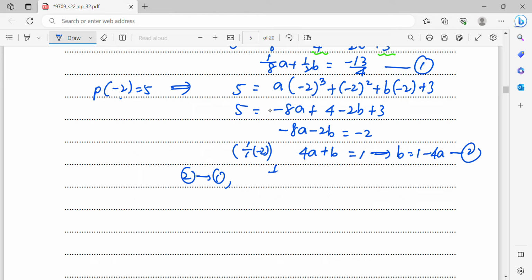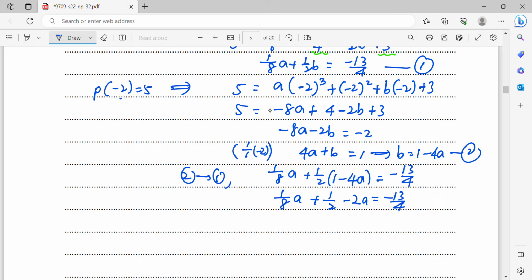So 1 over 8 a plus half of the b, where b is 1 minus 4a, equals negative 13 over 4. Now do expansion. 1 over 8 a plus half times 1 is half. Half times negative 4a becomes negative 2a, equals negative 13 over 4.